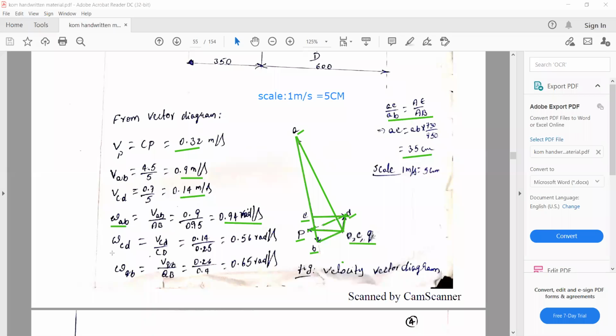Now we take the omega CD link, that is VCD by CD. The value that arrived here is 0.56 radian per second. Now we find omega QB, that is VQB by QB, which is 0.565 radian per second.